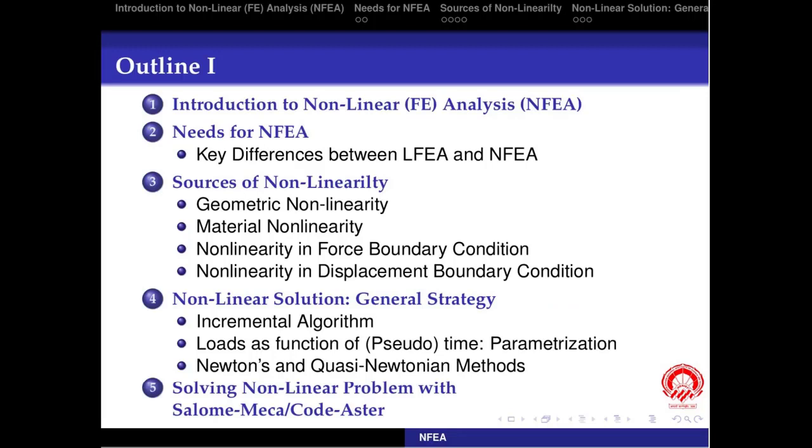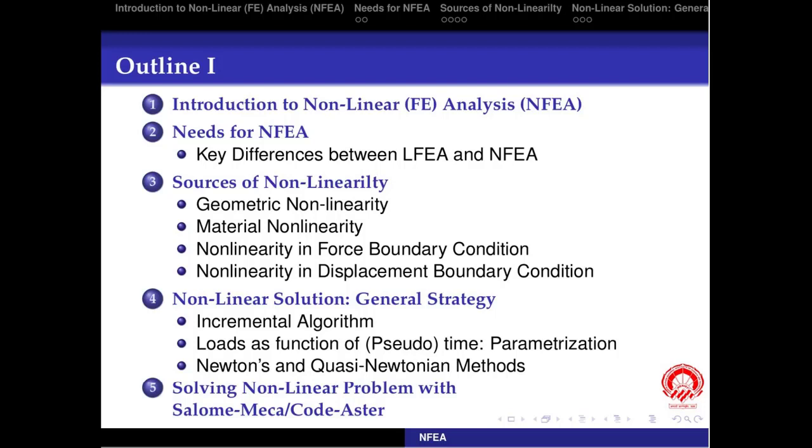So as I told you, the general strategy of nonlinear solution is basically we apply an incremental algorithm. We divide the load as a function of some pseudo time. These are not actual dynamic loads but static loads. Still we express it as a function of time.